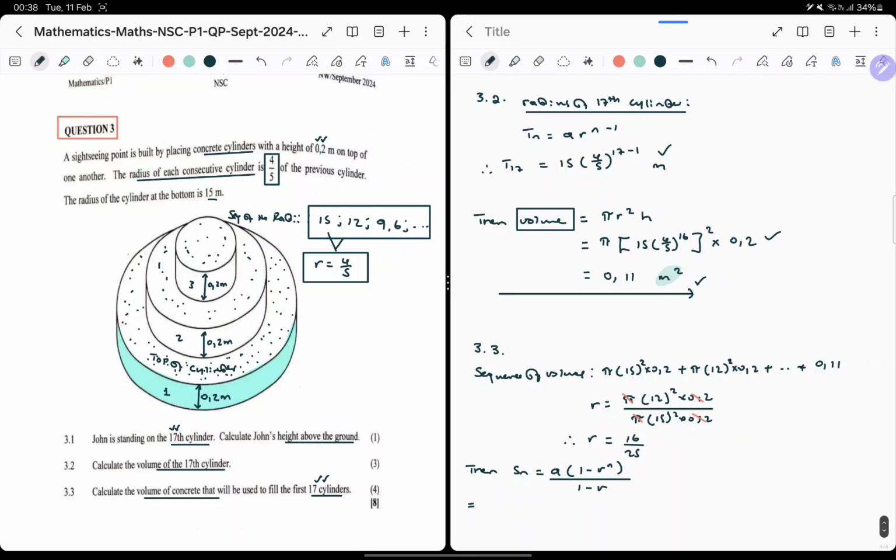Okay, so this implies that S sub 17 is going to be the first term, which is pi times 15 squared times 0.2. Yeah, this one is a crazy thing.